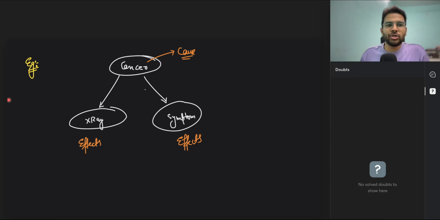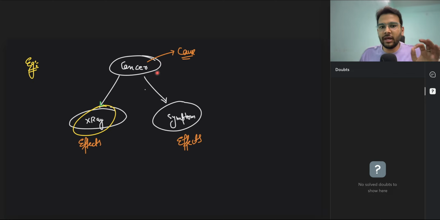Now, this is a Bayesian network. Now, what this network is representing, carefully understand this. Just answer yes or no. Is there any incoming edge to this random variable cancer? Is there any incoming edge? There is no incoming edge, right?